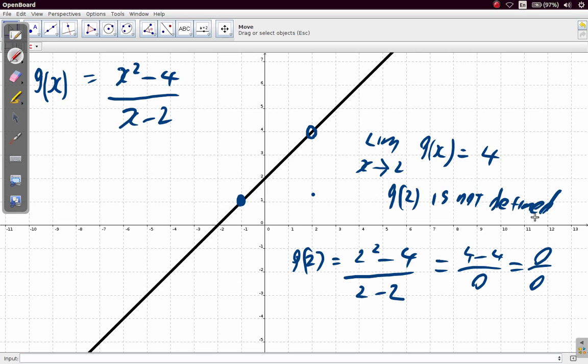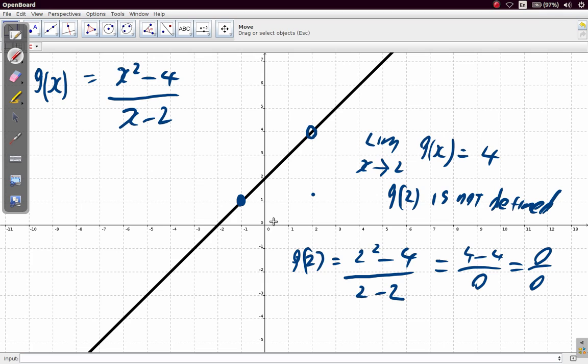G of 2 is not a defined function because you cannot find g of 2. However, as x tends to 2, the limit of g of x as x tends to 2 is equal to 4. So the limit does exist as x tends to 2. But at exactly 2, g of x is not defined. So here g of x is not defined at x equals 2.